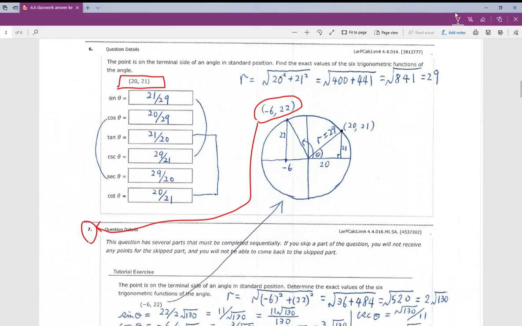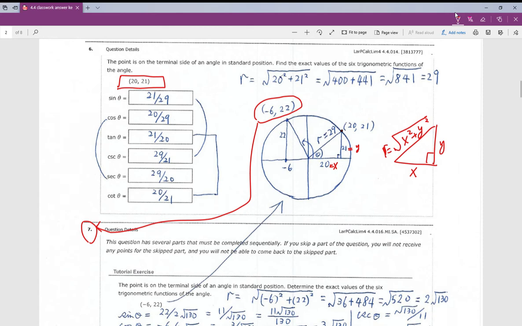If I give you a coordinate, so I give you x and y, now if you have a right triangle, you may use the Pythagorean theorem to find your radius. This x, this y, x squared plus y squared, and then square root, you have the radius. So you follow this formula.